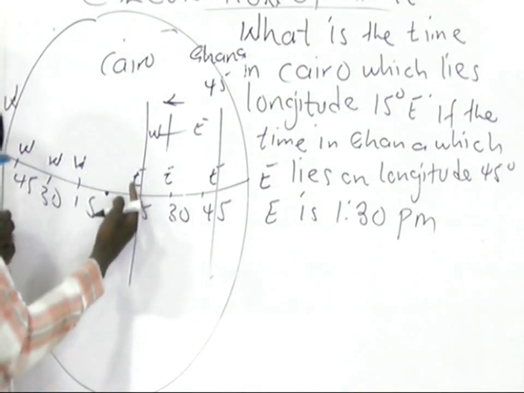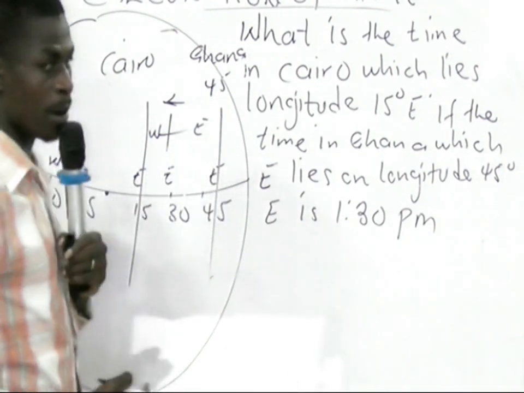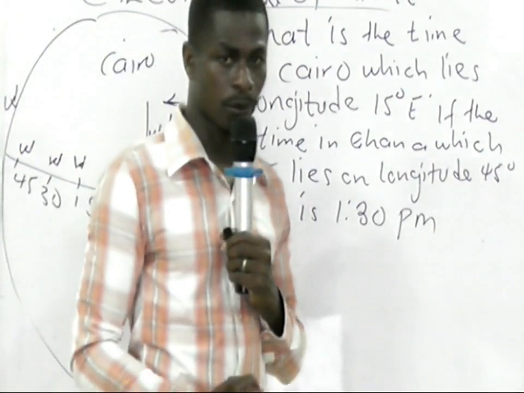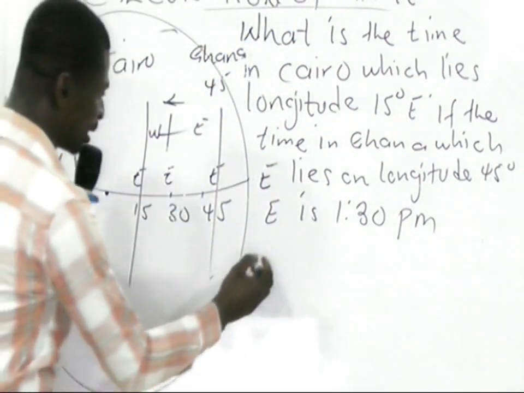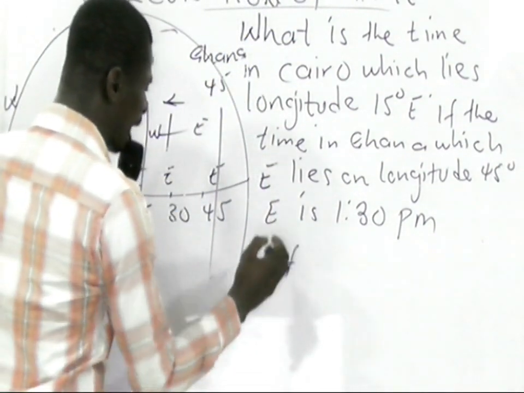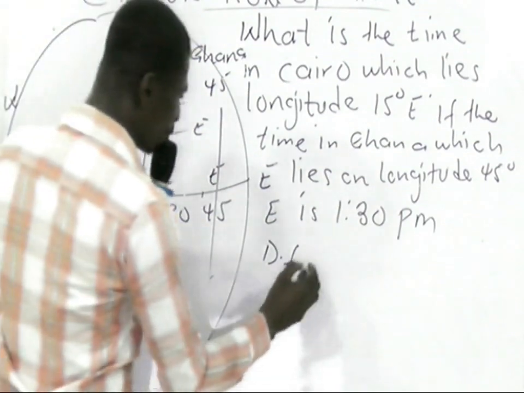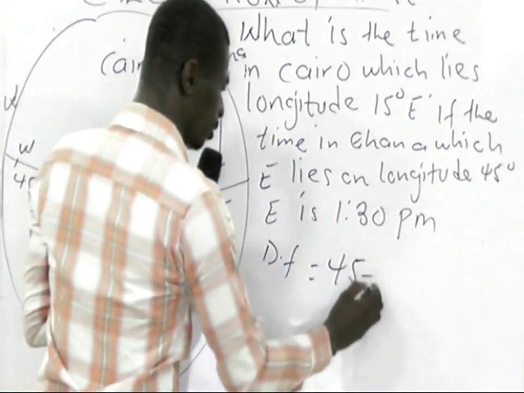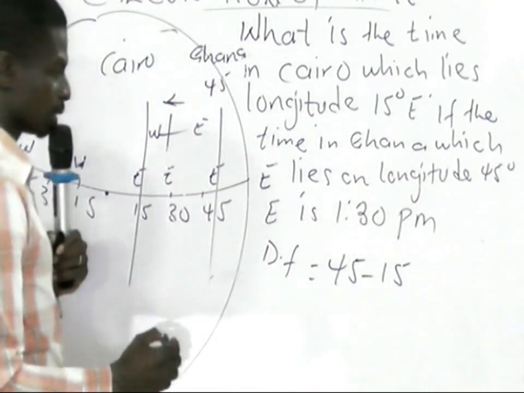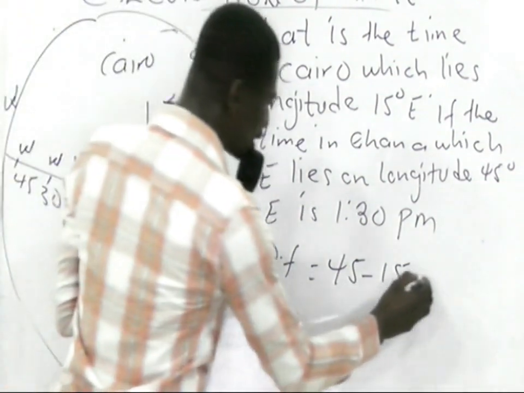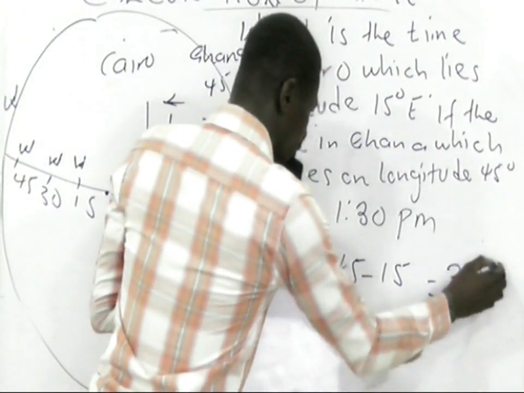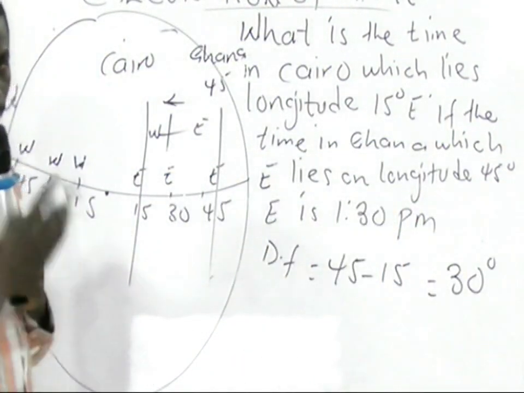But because they are both lying east-east, we must find the time difference. And the difference will be 45 minus 15. And that is going to give us 30 degrees.